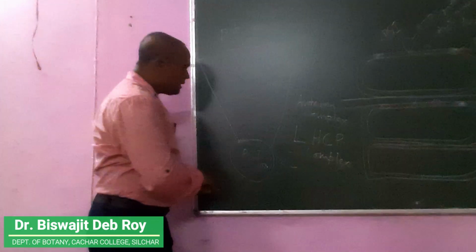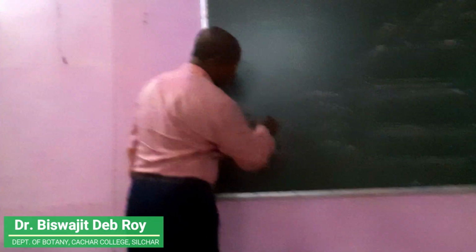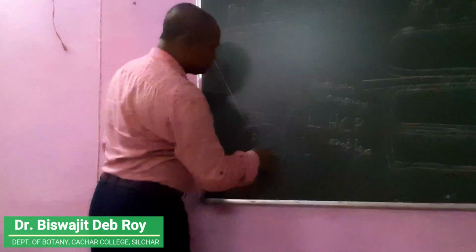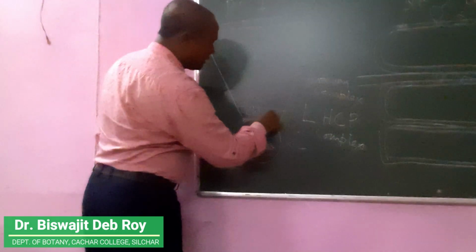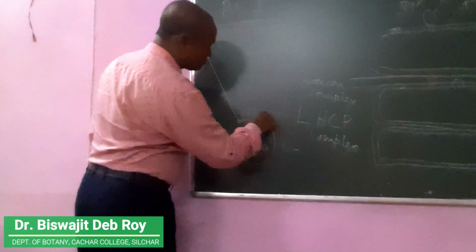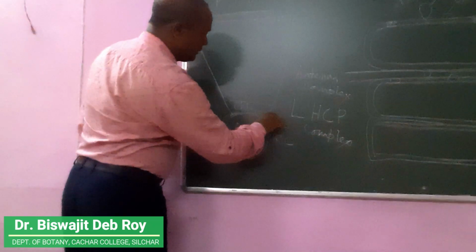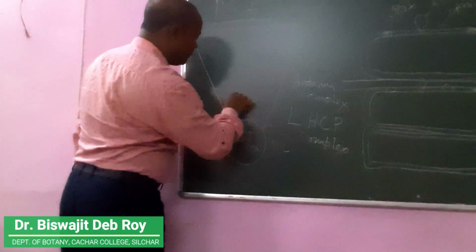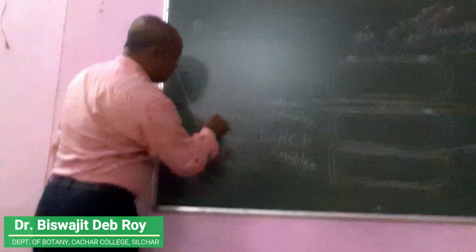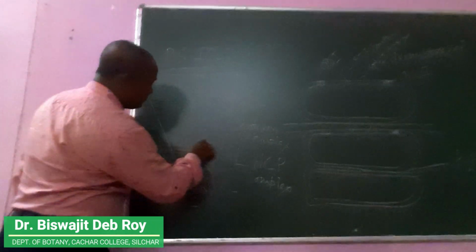Now what are there? Here you will get chlorophyll A only. Here it is 700. Here you will get say 710 to 720. Then you will get say chlorophyll 695 to 750.